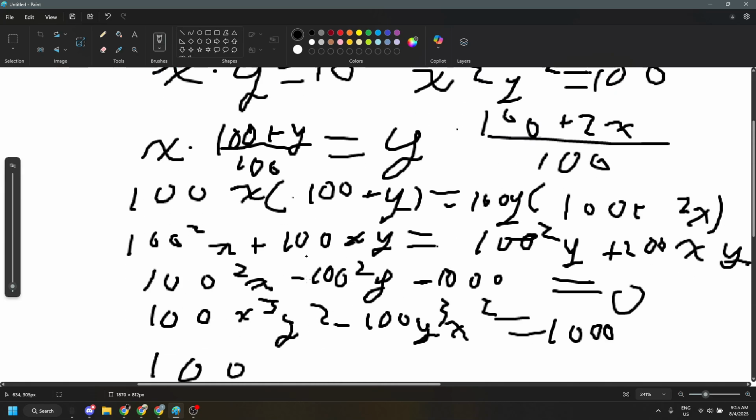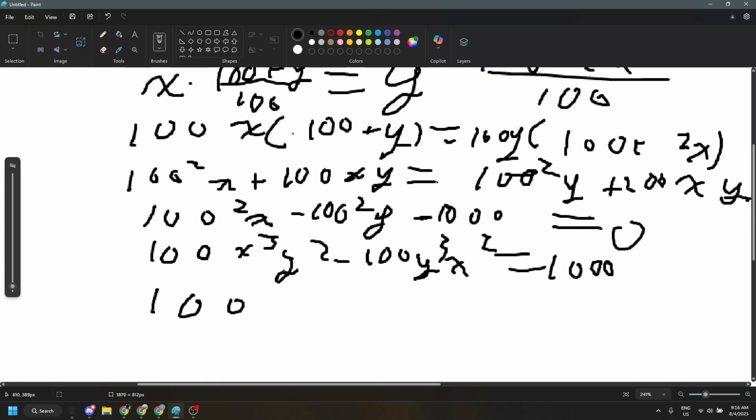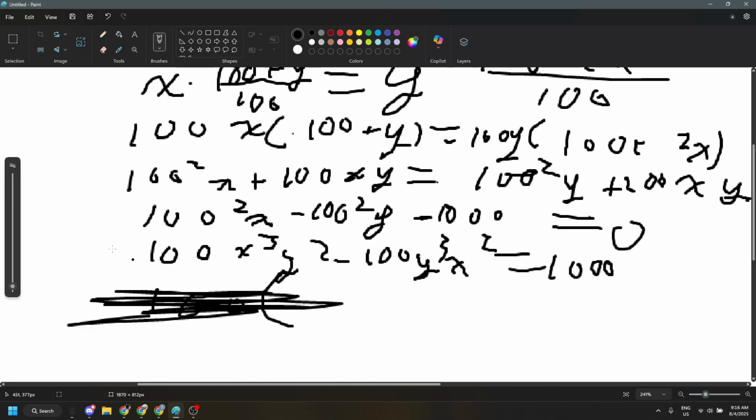Oh, this is minus, which is really annoying, but it's fine. I'll just keep it like this for a minute. A 100 times... no. No, this isn't gonna work.